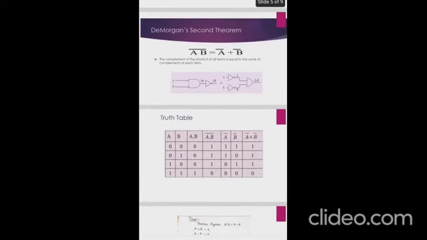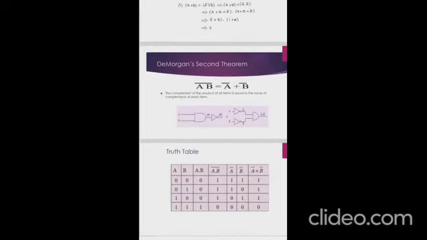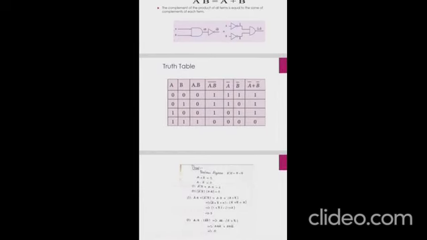Now let us prove it with the truth table. Here A and B are the inputs. So 0 0, 0 1, 1 0, 1 1. These are the combinations of inputs. A dot B is multiplication. 0 into 0 is 0, 0 into 1 is 0, 1 into 0 is 0, 1 into 1 is 1.